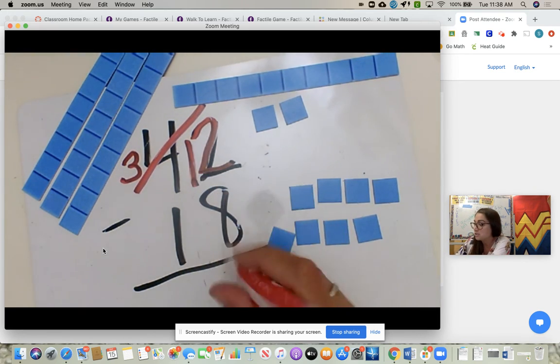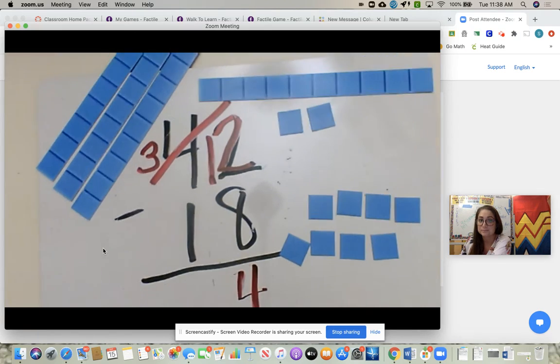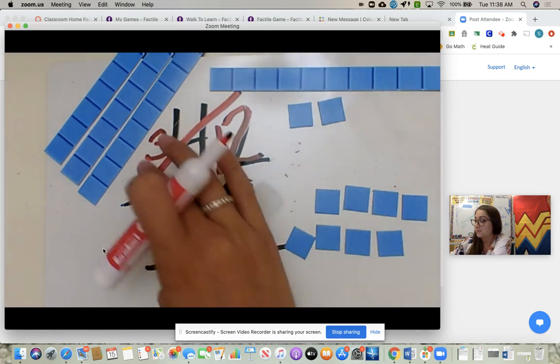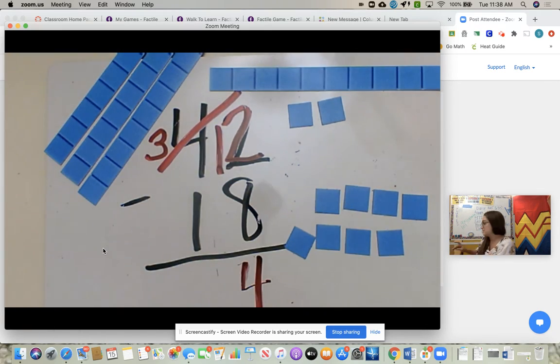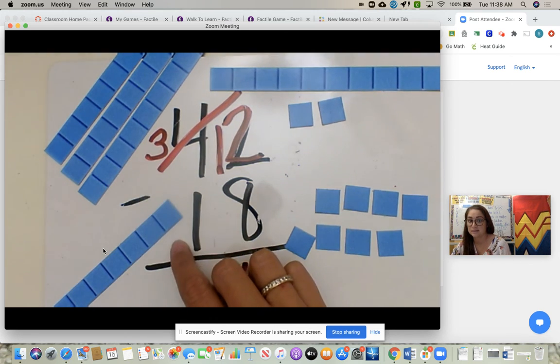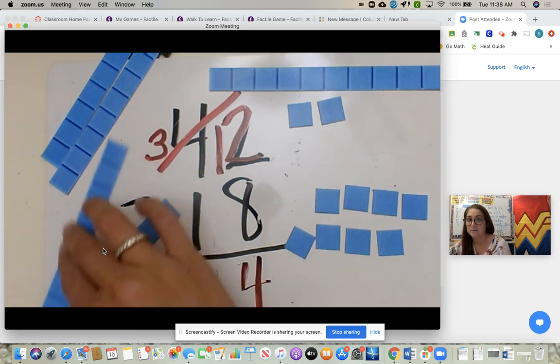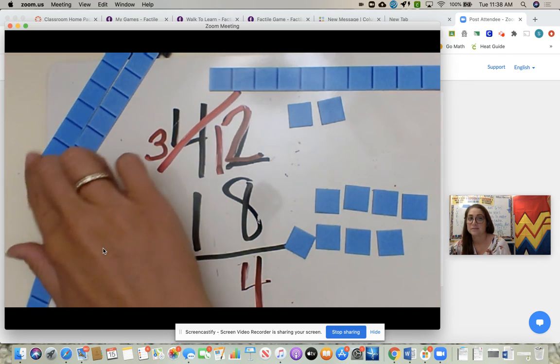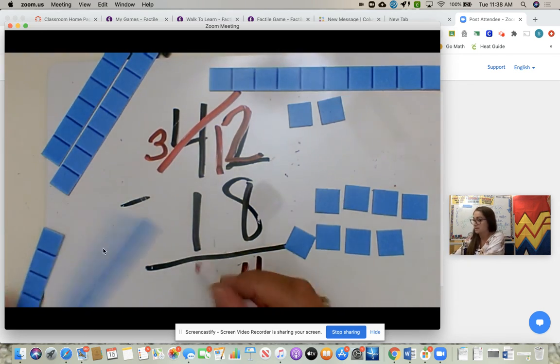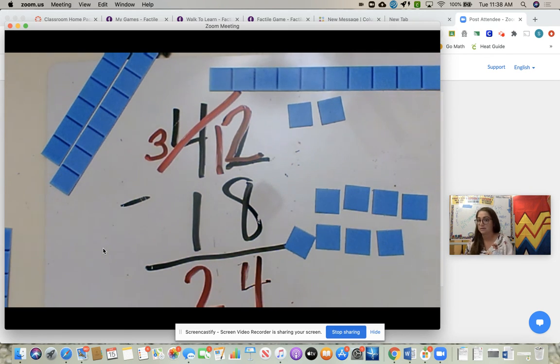So 12 subtract 8 is 4. 3 subtract 1, because down here, it's also the tens place, and it's only 1. So 3, take away 1, leaves you with 2. The answer is 24.